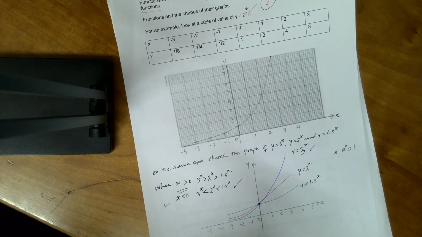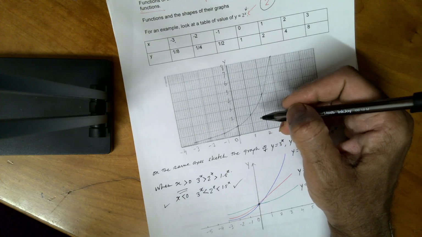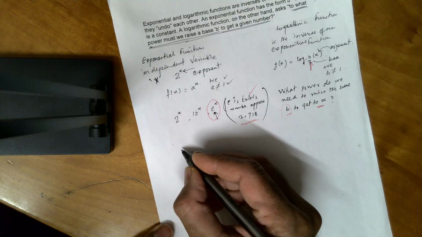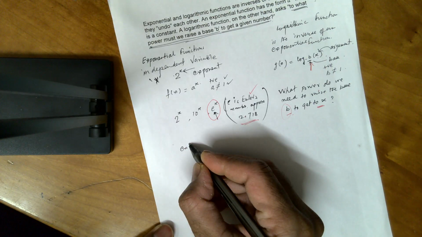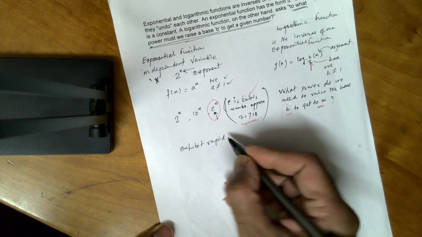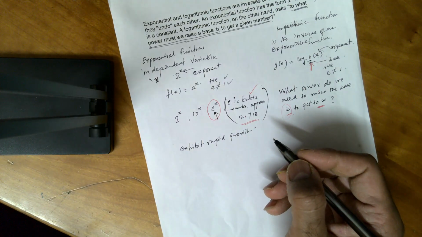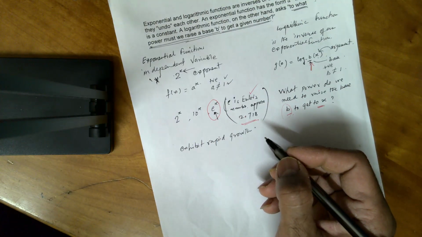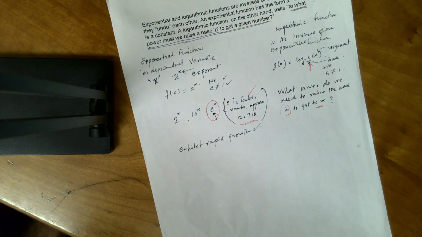So you can say the exponential function exhibits rapid growth, where the rate of increase is proportional to the current value, depending on the value.